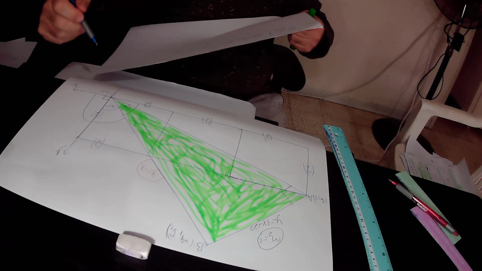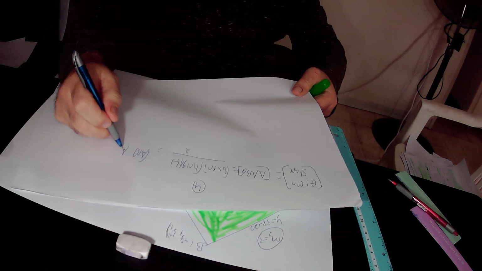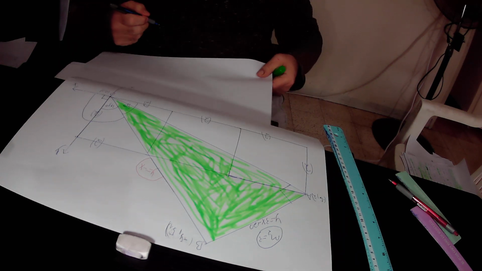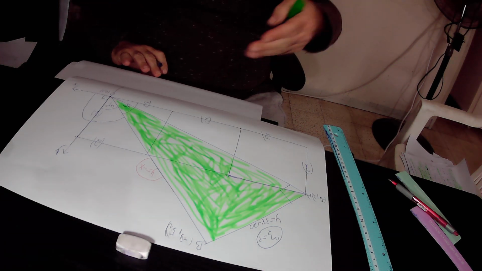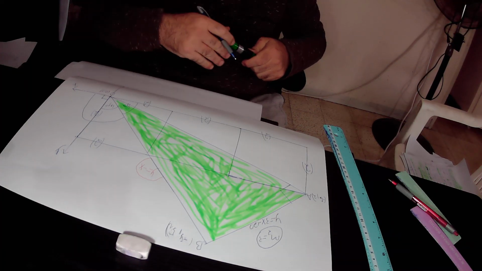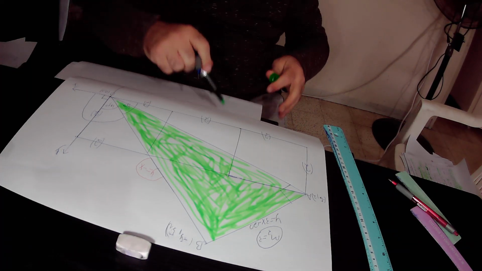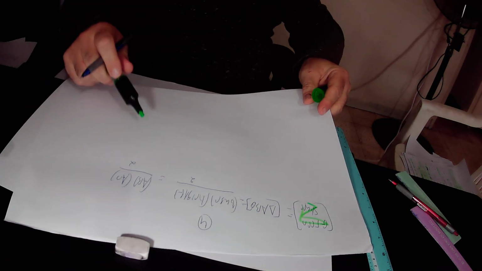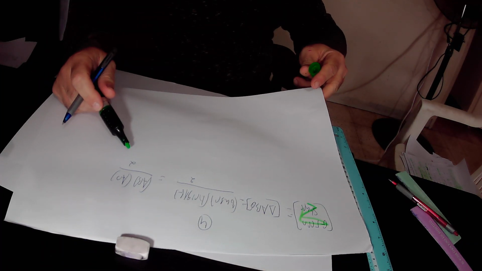The height is AO, divided by 2. So the area of the green shape, that is the area of the green triangle ABO, equals AB times AO over 2.